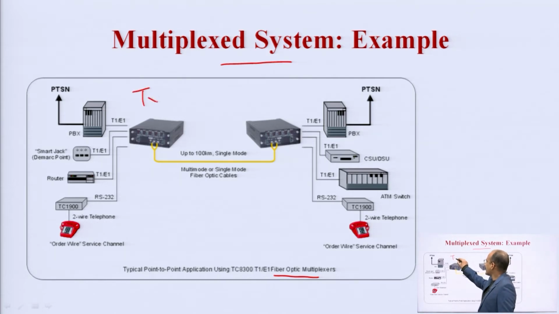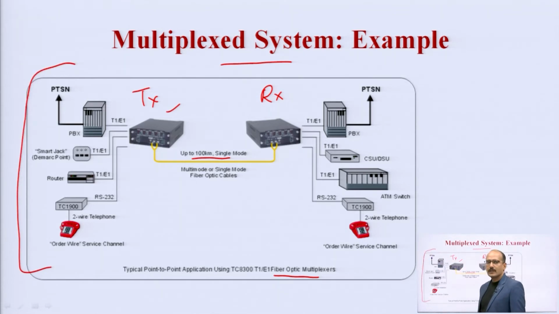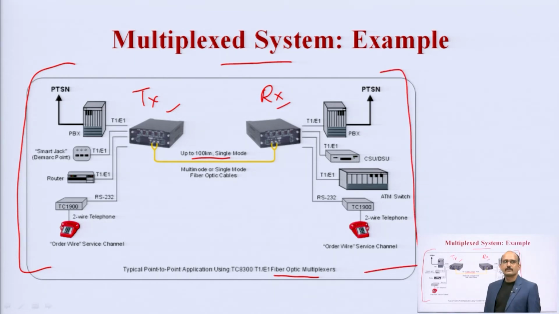This is the transmitter side, this is the receiver side, and the distance between transmitter and receiver is up to 100 kilometers with single mode optical fiber. Now, at the transmitter side we have a transmitting block with various types of signals. Similarly, at the receiving side we have a receiving block with the various receiving stations.